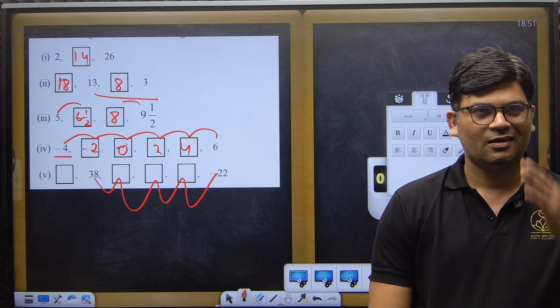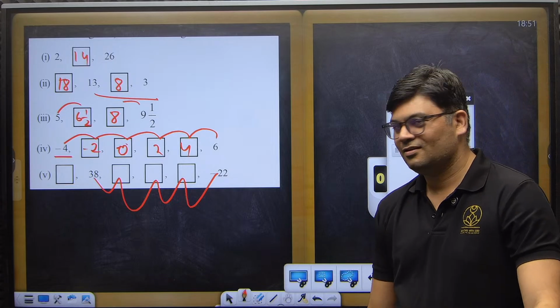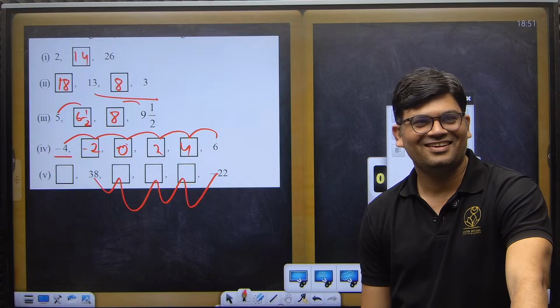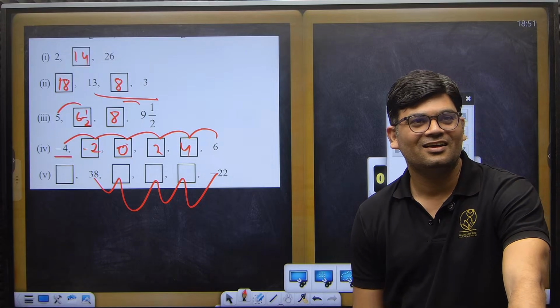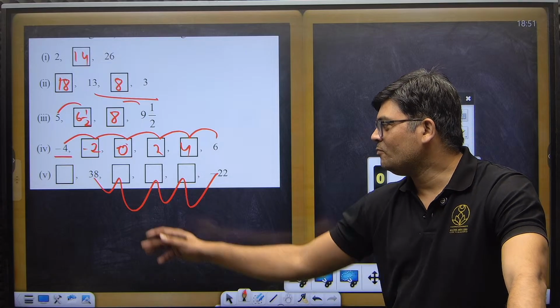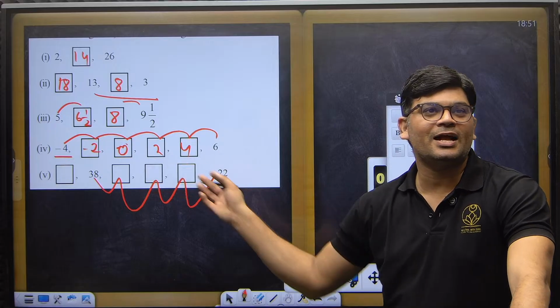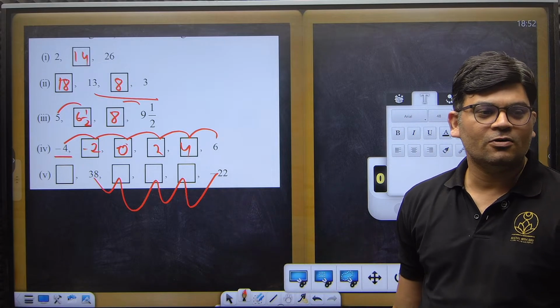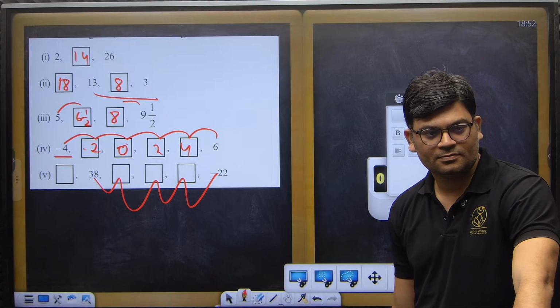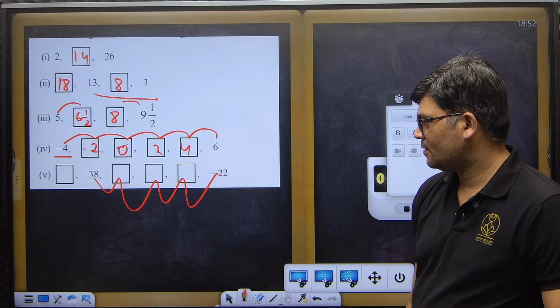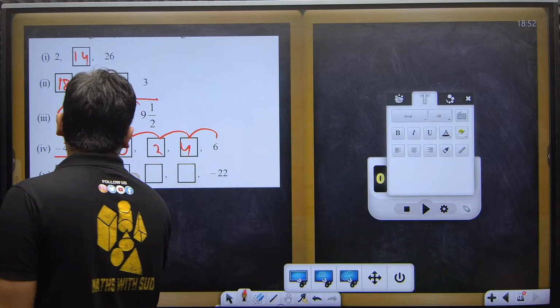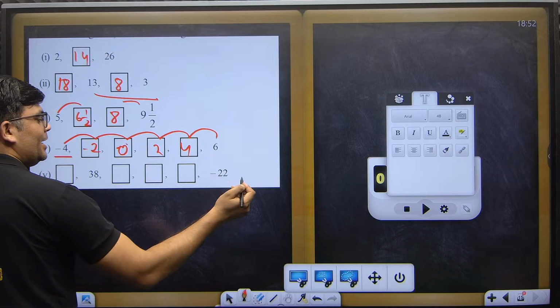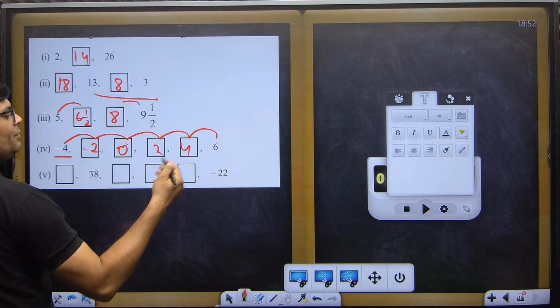Sir, it will be 53 first. Yes? Tell me, in 4 jumps if you went this much, how much is d? How much did you go? Tell me the difference. The difference is 60, minus 60. So the difference is coming as negative 60, so that means you are going 15, 15, 15.